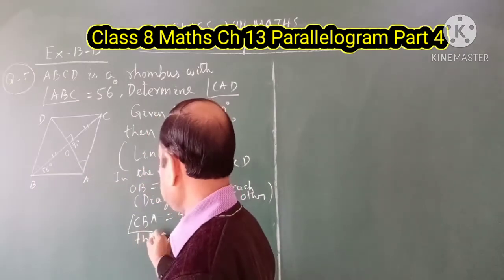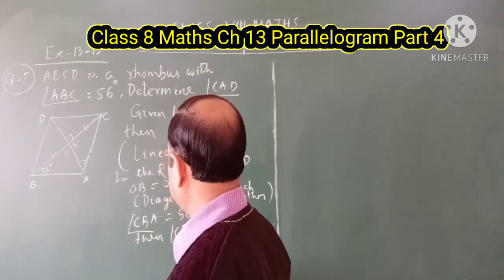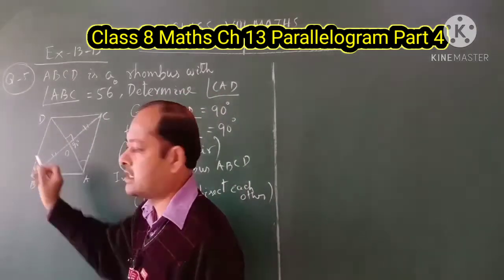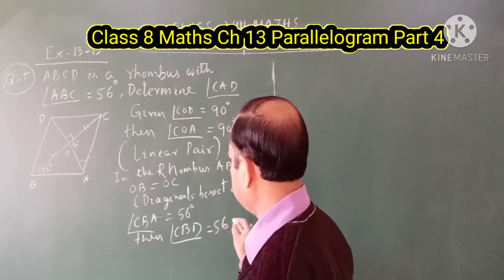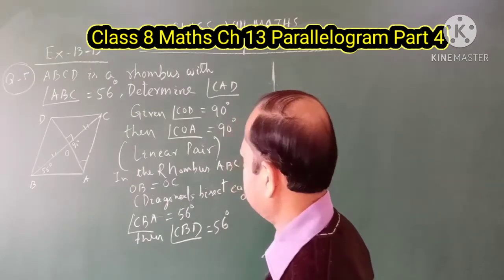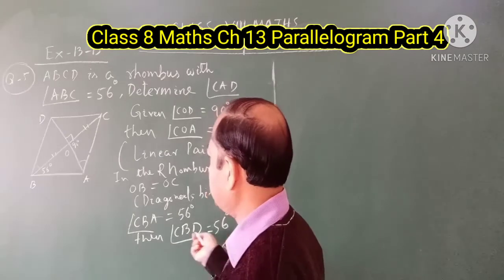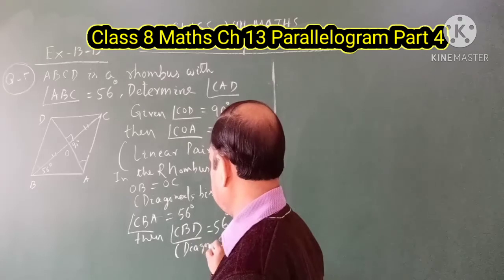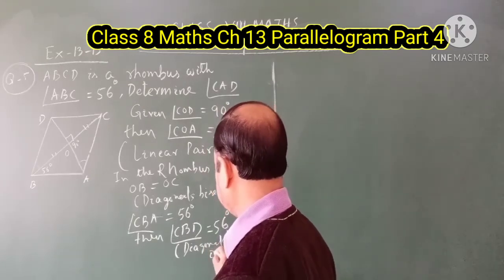Then angle CBD, this angle, equal to 56 degrees. What is the reason? You can write down: diagonals bisect interior angles.